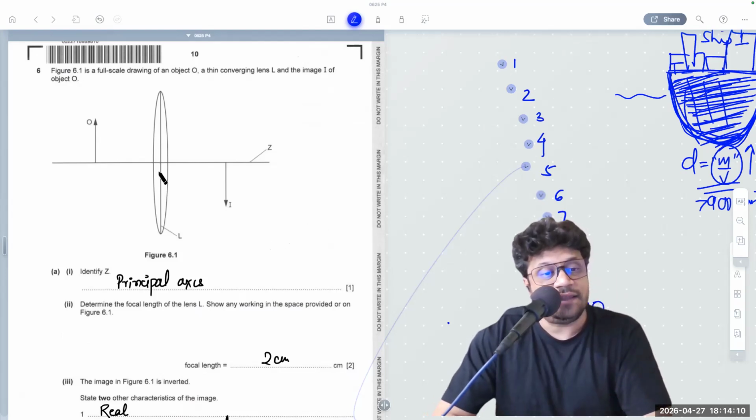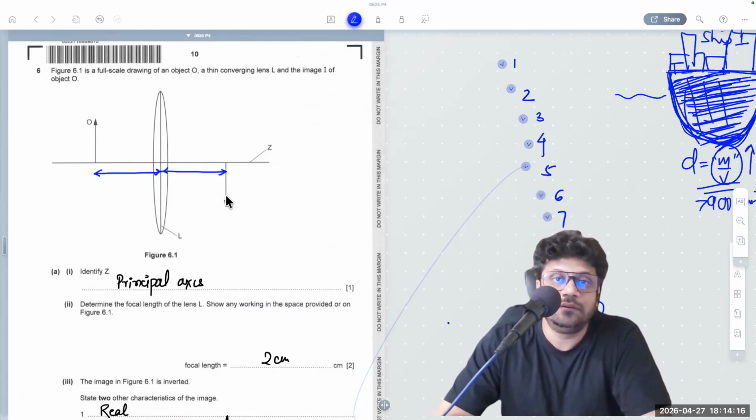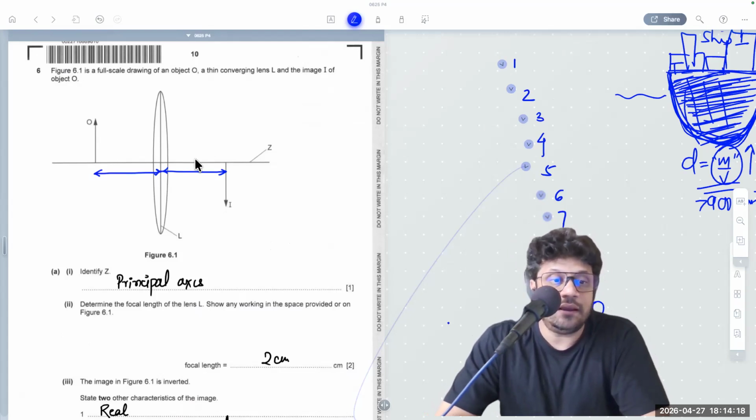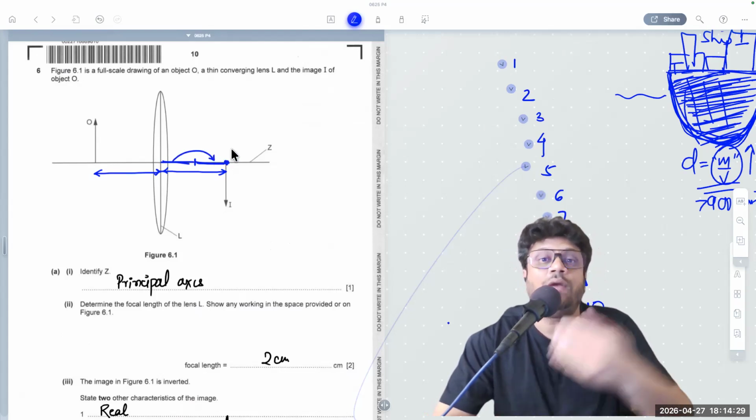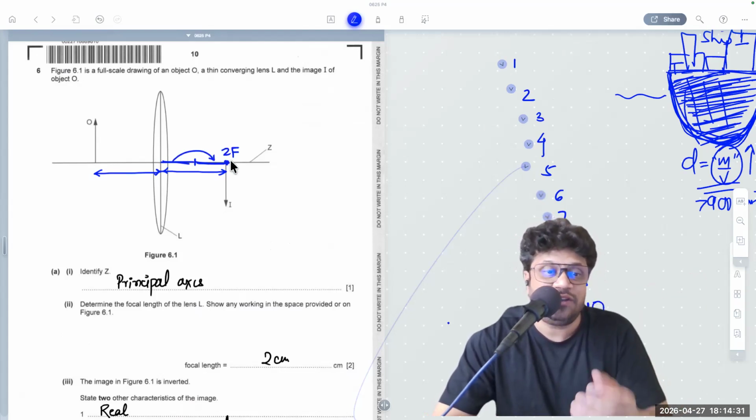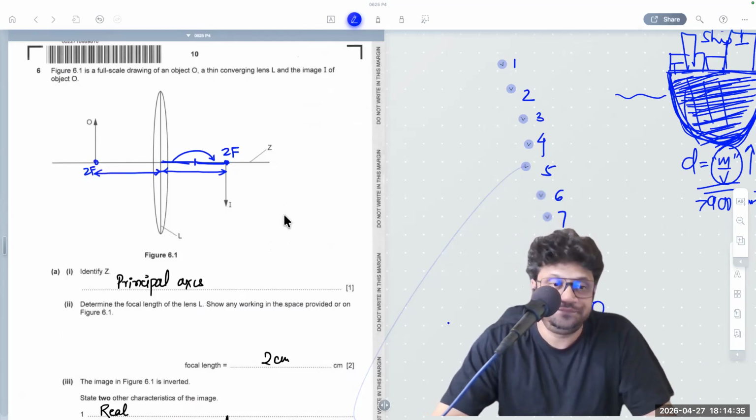What happens is that this length is actually the same as that length. Plus, the focal length on this question comes out to be this much, and this point is 2 times the focal length away from the lens. So this is actually the point 2f, and that is also the point 2f.